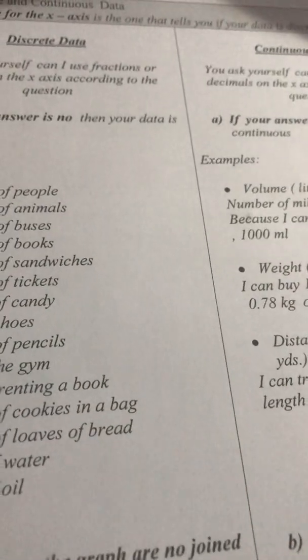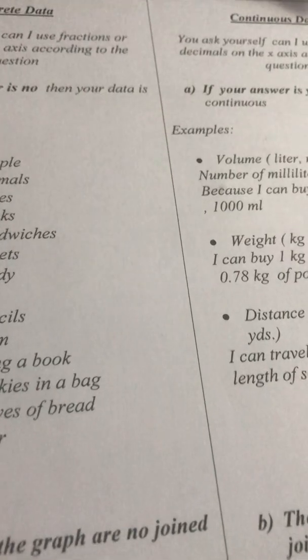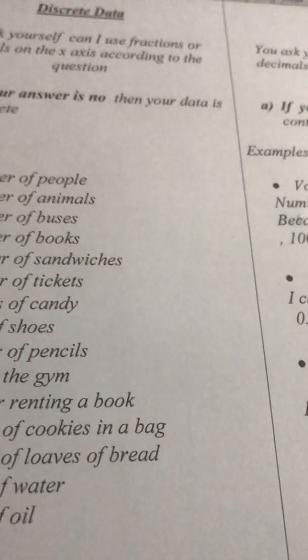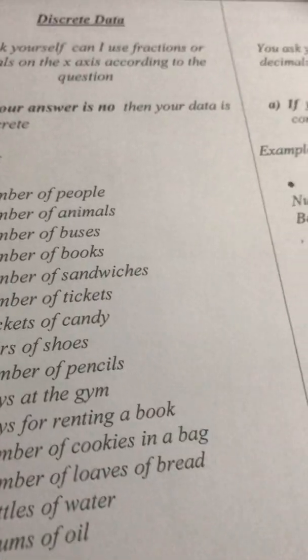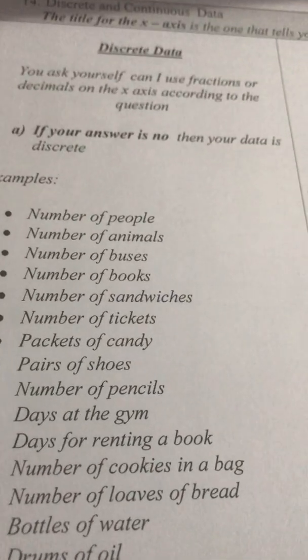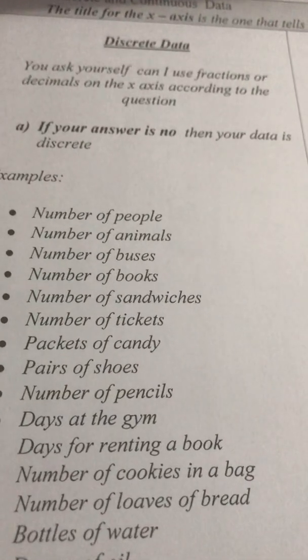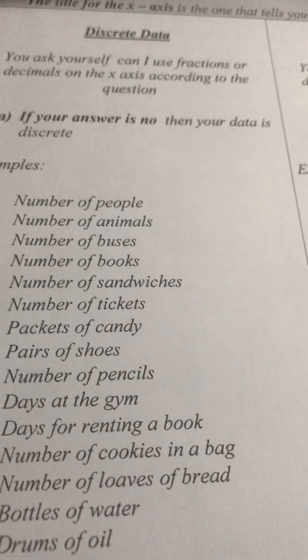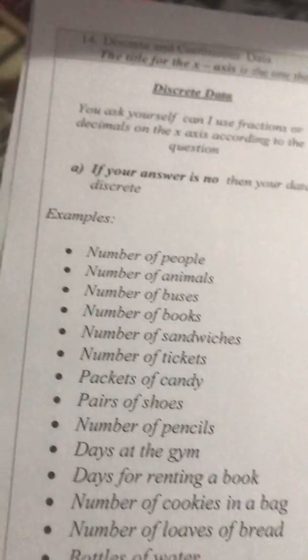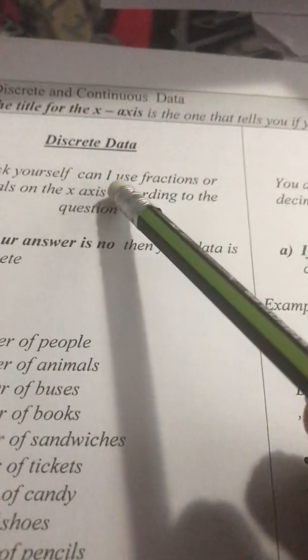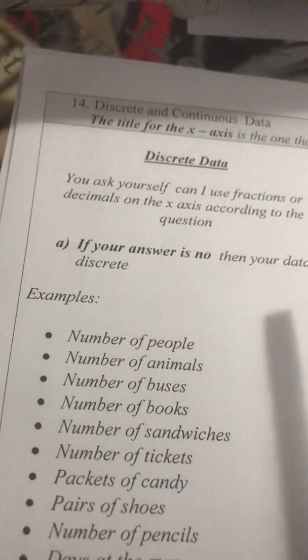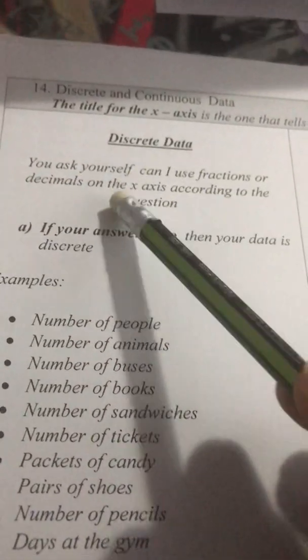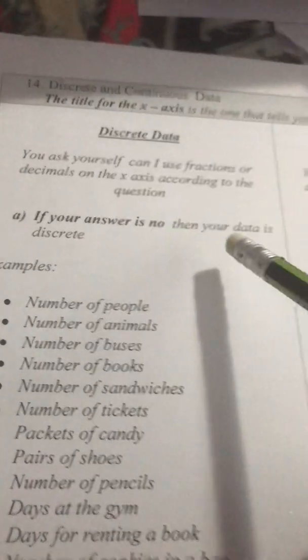The title on the x-axis is the one that tells you whether your data is discrete or whether your data is continuous. As you're reading this title on the x-axis, you ask yourself, can I use a fraction or decimal on this x-axis with this title?